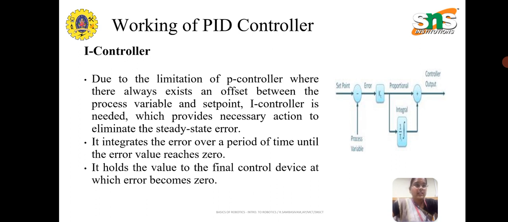In this block diagram you can see we have a set point and process variable which are compared in an error detector, and the error signal is given to the proportional controller, where additionally an integral part is taken, that is 1 by T, and after the integral part the control output is fetched. It integrates the error over a period of time until the error value reaches 0. It holds the value to the final control device at which the error becomes 0.